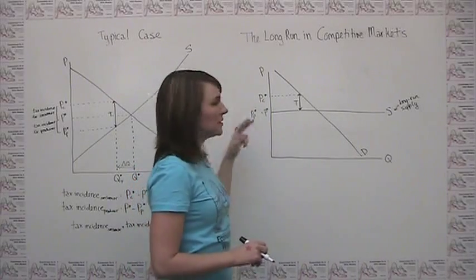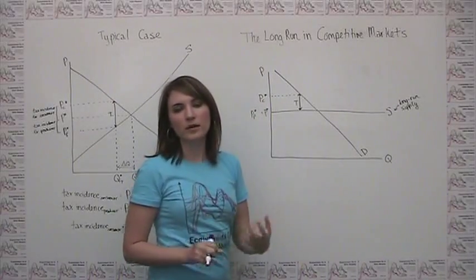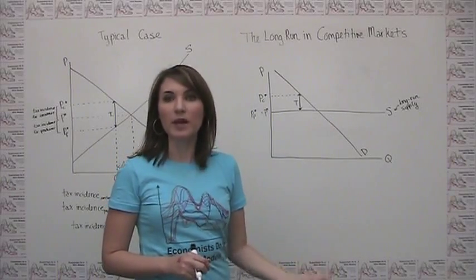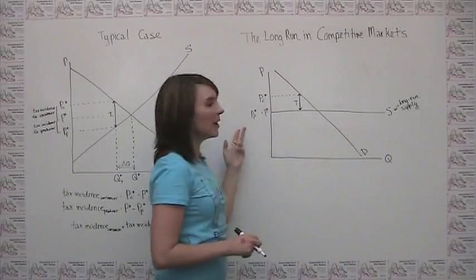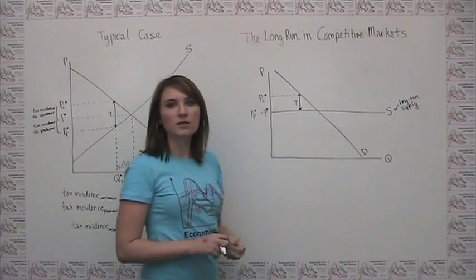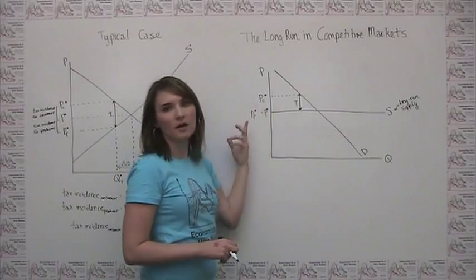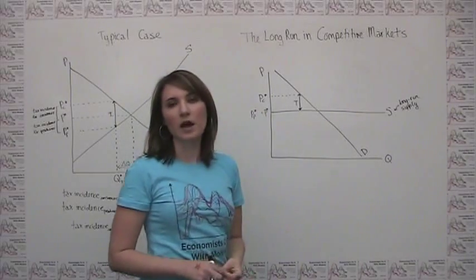So it's just an interesting scenario to keep thinking about as we learn new things about how consumers and firms behave. And we can say in competitive markets, in the long run, it's quite likely that consumers end up paying, if not all, the vast majority of a tax.